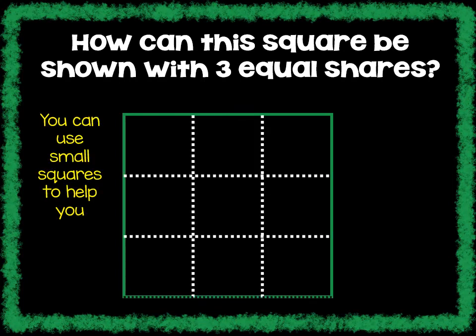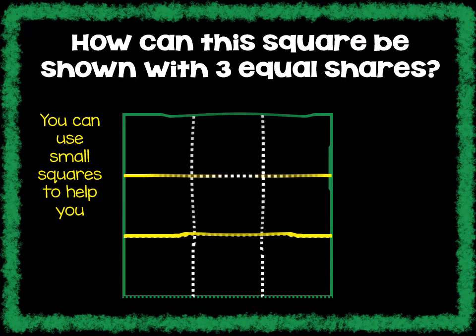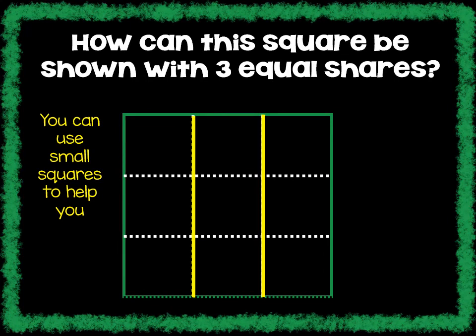Well, sometimes it's helpful to use small squares to help you, like we did yesterday when we took the squares and figured out how many would cover a shape. So if I wanted to divide this shape into just 3 parts, I could do it a couple ways. I could do this. So I have 3 shares here. So do it like this.